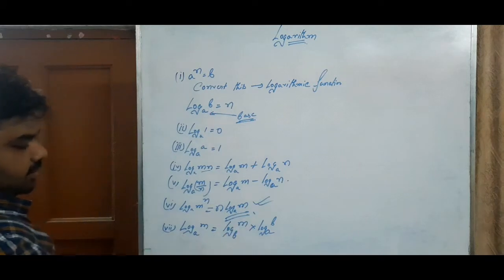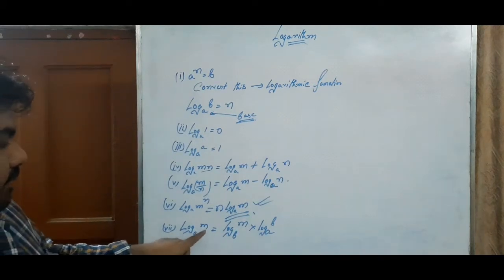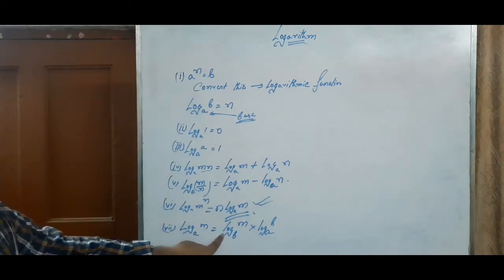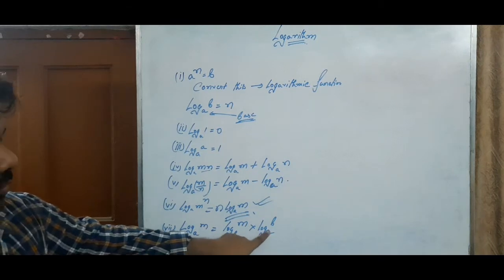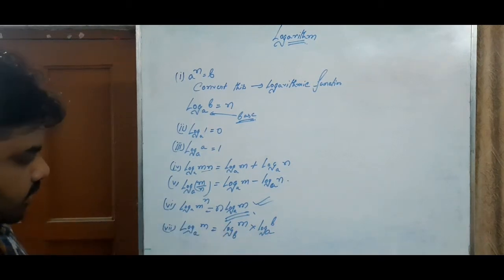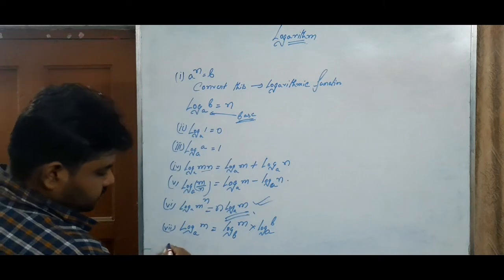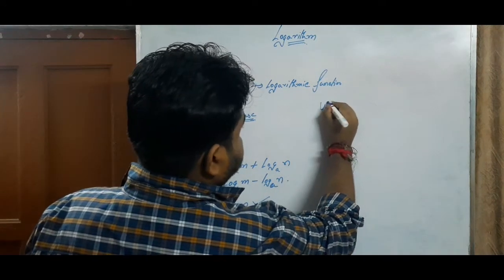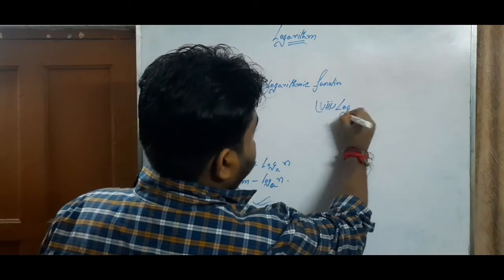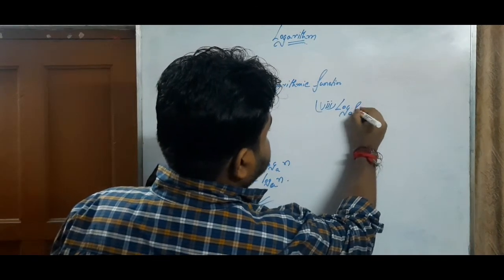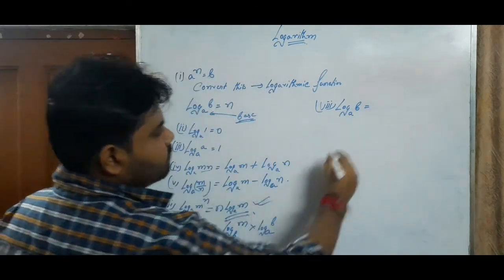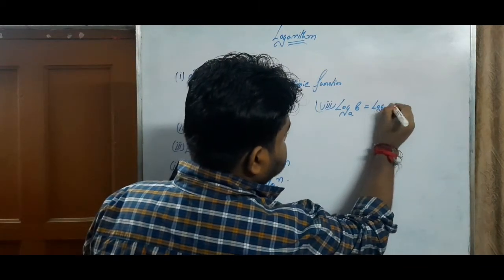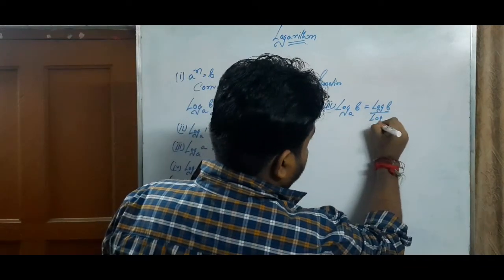Just we are changing the base. Therefore log m base b into log b base a. Okay, now log m base a, we can write log m by log a.